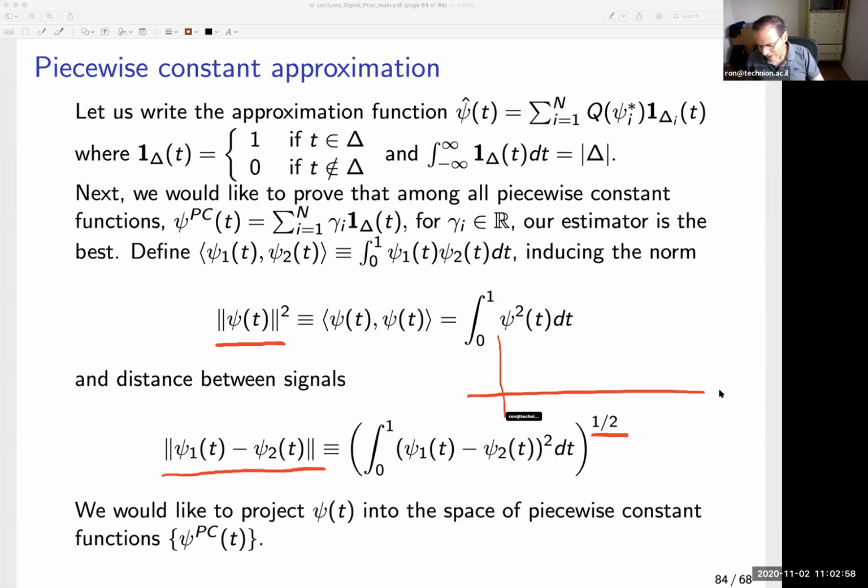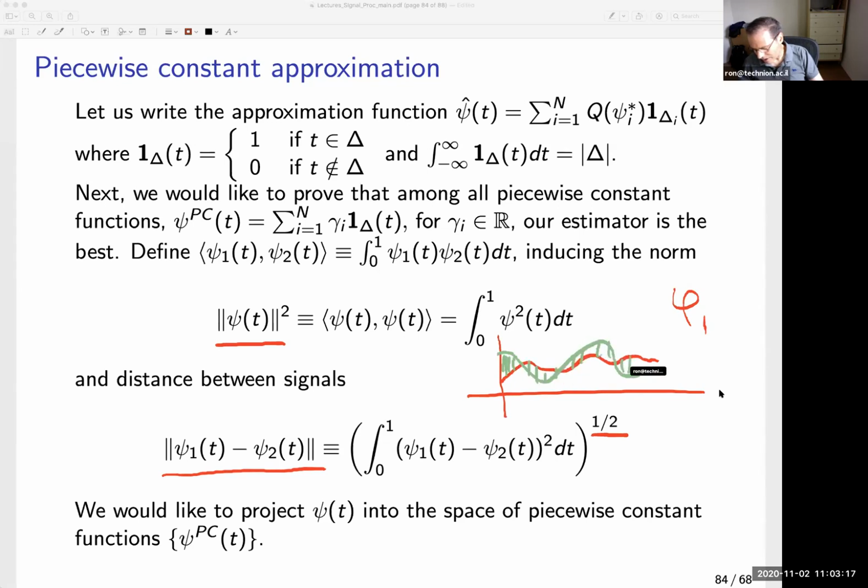Pictorially, if my signal is defined between 0 and 1, so this would be psi 1, and there is also a psi 2, then what I'm basically taking is the sum of the square difference between these signals.